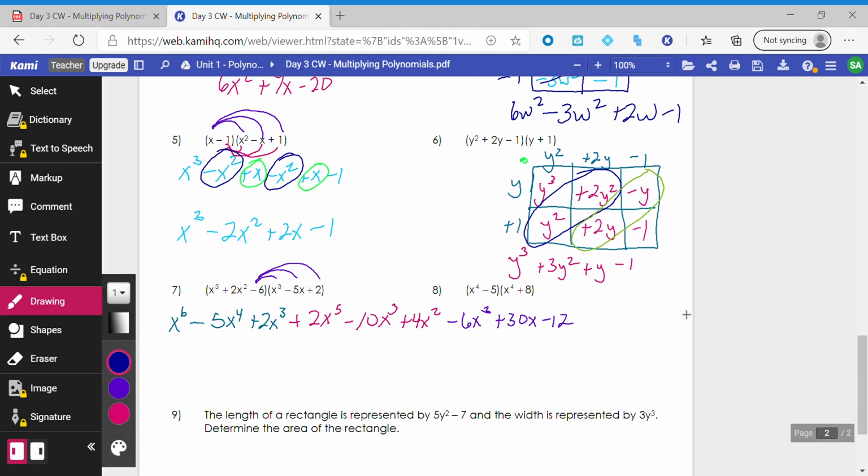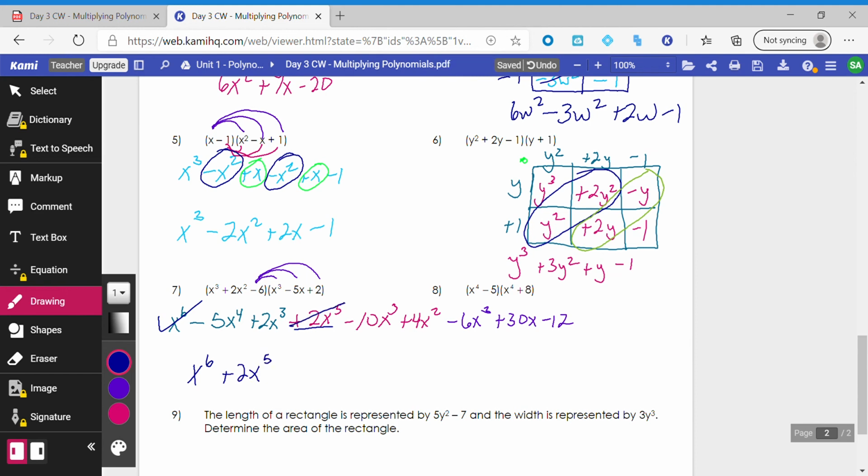So x to the 6th is going to be part of our answer. Because we want this in standard form, we're going to look for the next highest exponent. So after 6, it'd be 5. So 2x to the 5th. Do we have any other x to the 5ths in our problem? The answer is no. So plus 2x to the 5th is going to be part of our answer.